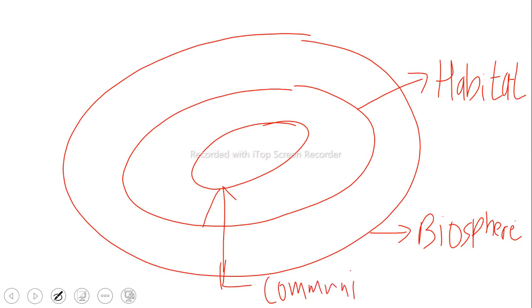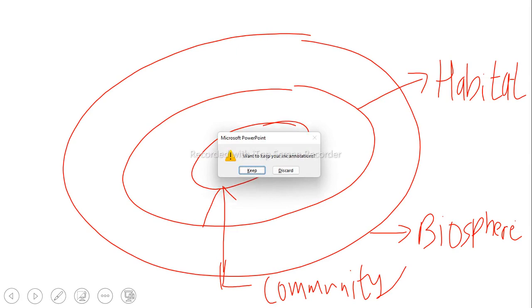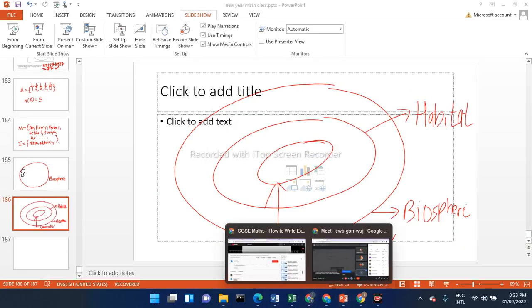Good. So the community is formed within the organisms of that particular habitat. Right? Okay, so let's do that.